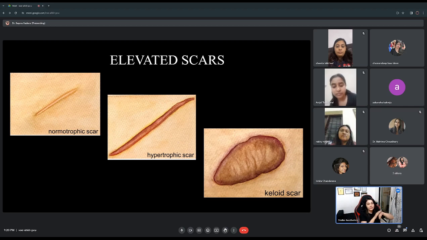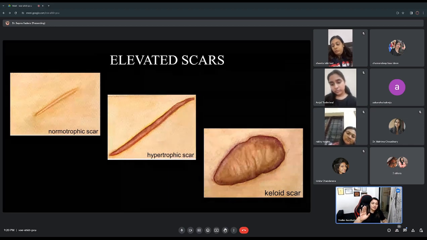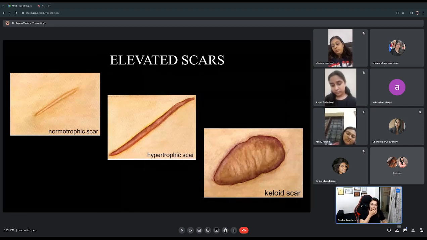It's done with the help of fractional CO2 laser. We will learn about the mechanism and how it works later. But the basic concept is, when the scar is elevated, all you have to do is smoothen it out and bring it to the normal surface level. And if the scar is pigmented, you will have to reduce the pigmentation of the scar with a pigment reduction laser.